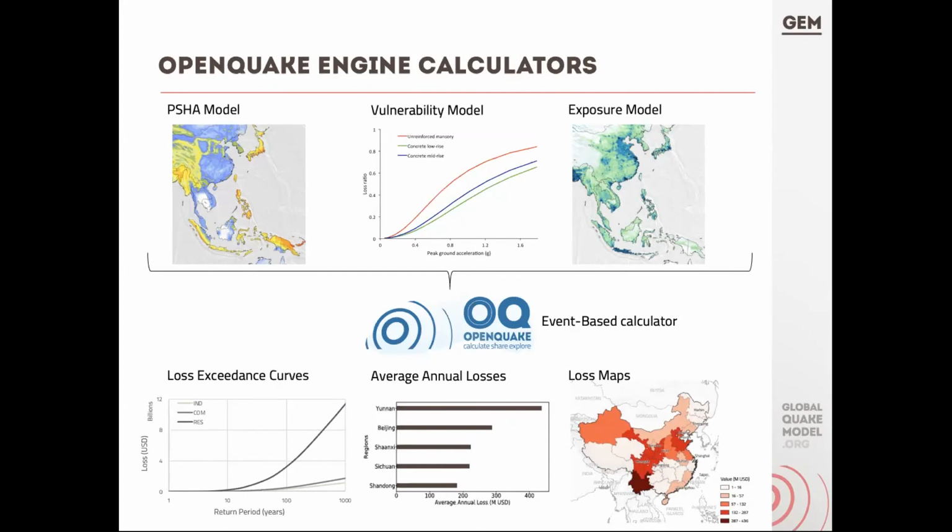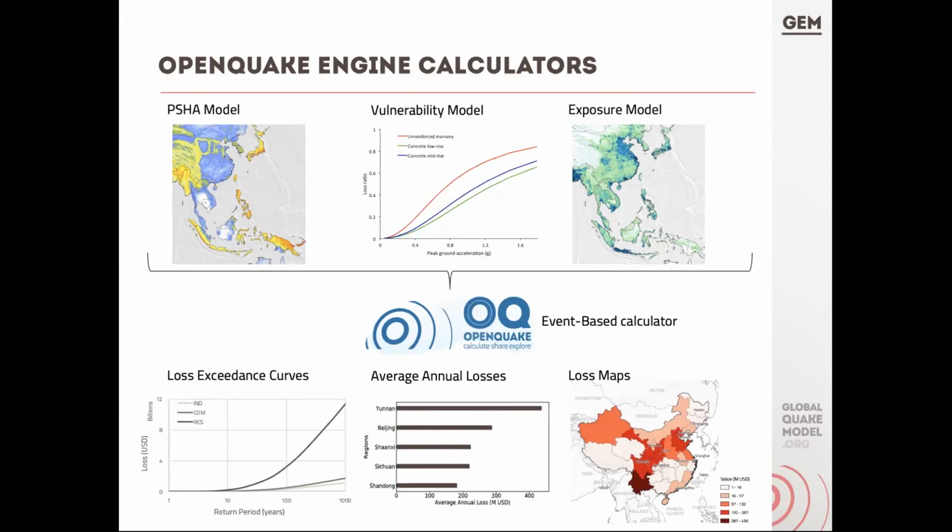This is very important. In the previous calculator, in the classical calculator, I will get those curves for a given location. In this case, I will get it for the entire portfolio of buildings. Then we can get average annual losses, and we can get also loss maps. In this case, it's China, showing the average annual loss.